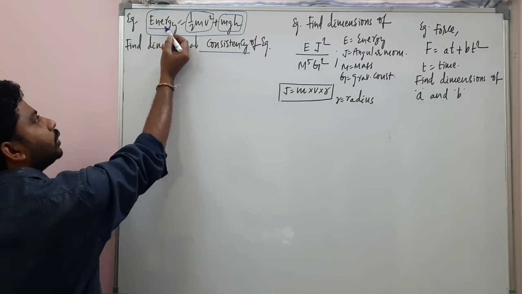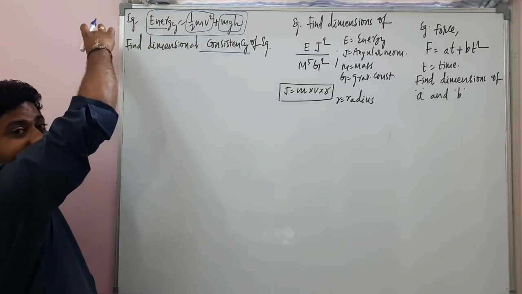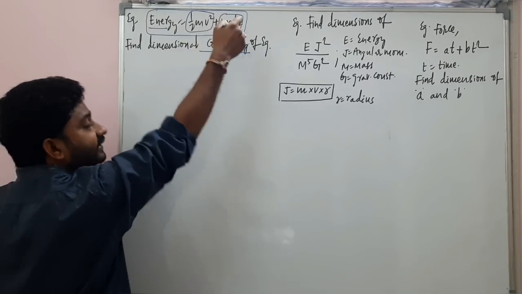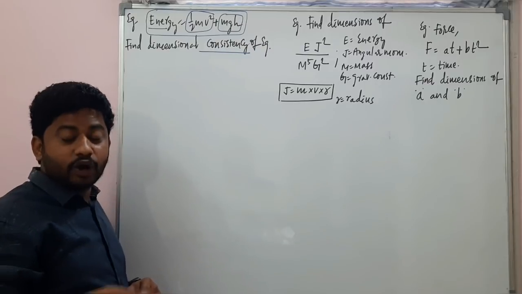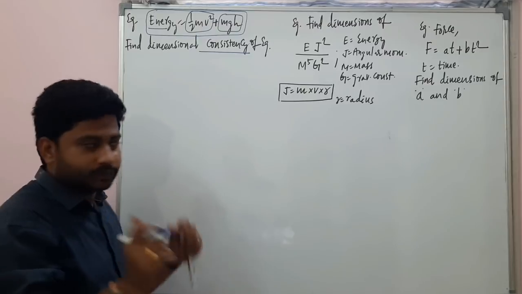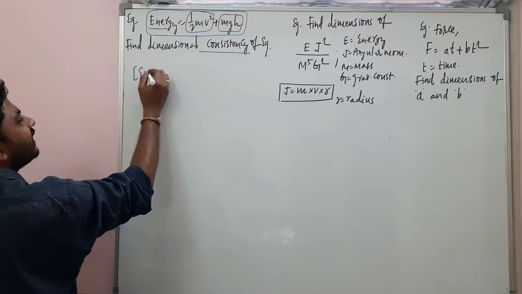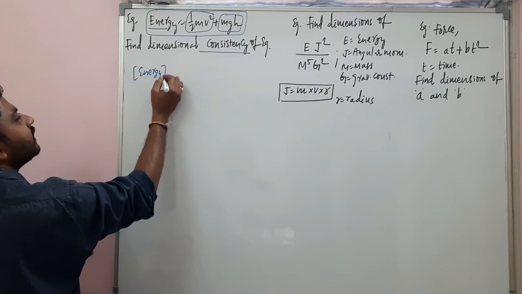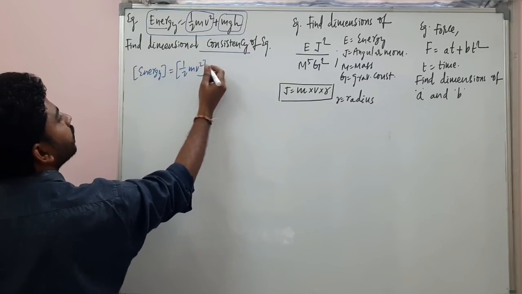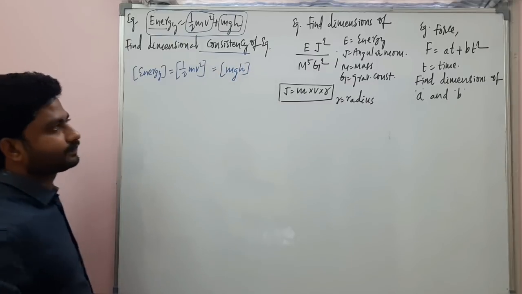According to the principle of homogeneity, the dimensional formulas of the entities on the left-hand side must be the same as those on the right-hand side. So the dimensional consistency equation: dimensions of energy equal dimensions of half m v squared equal dimensions of m g h.